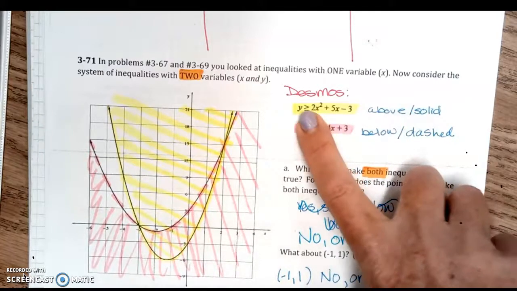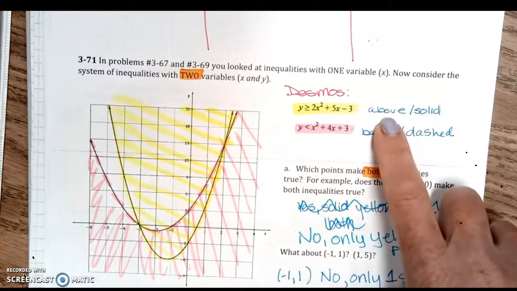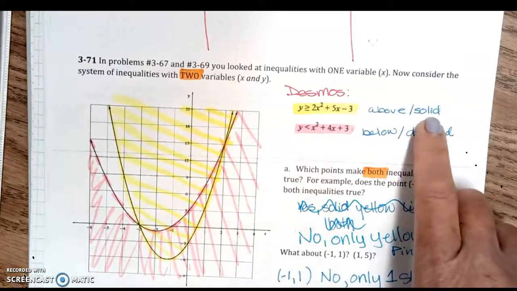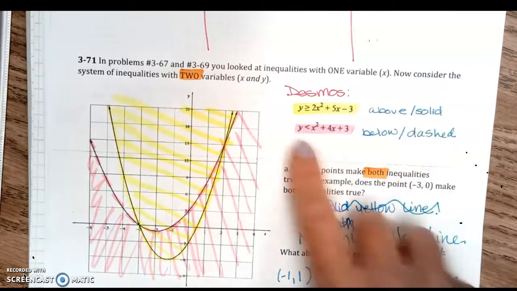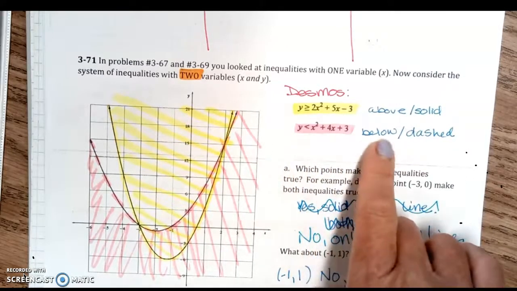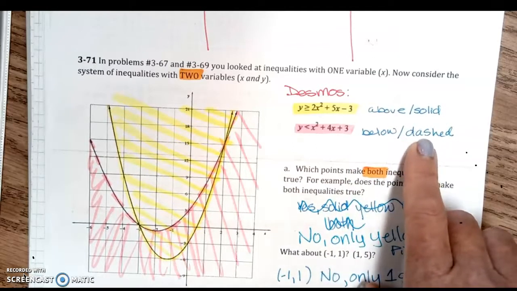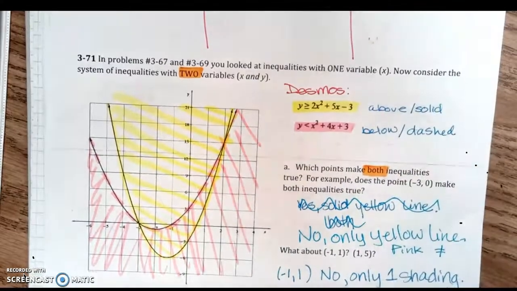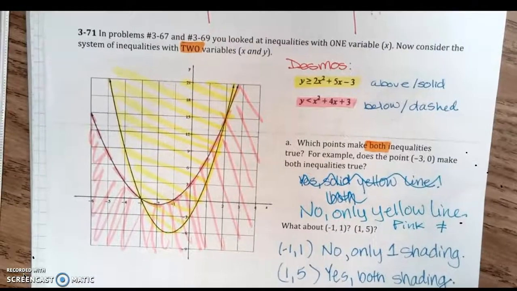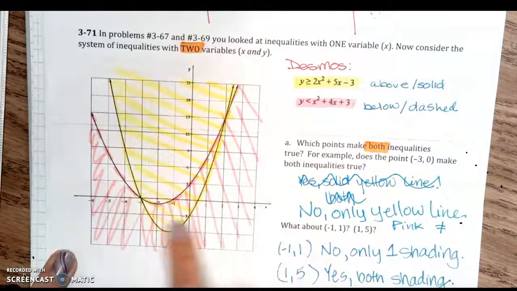Okay, based on the inequality of greater than or equal to, I know the shading is going to be above and solid. And then based on the inequality less than, I know it's going to be shaded below and dashed. Okay? So for the yellow quadratic, it's this skinnier one.